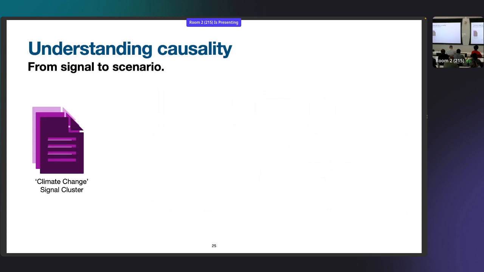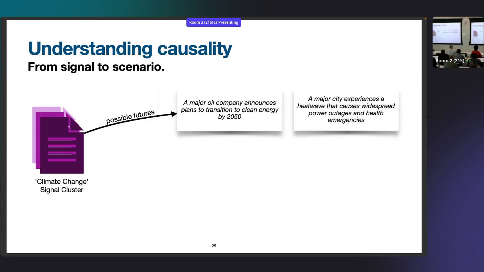We can also understand the causality, so what links the signal to the scenario. In this case, starting from a single cluster about climate change, using still generative AI, we can ask the language model to analyze the state of the art of the world, and to predict possible futures, so possible scenarios concerning a certain context.